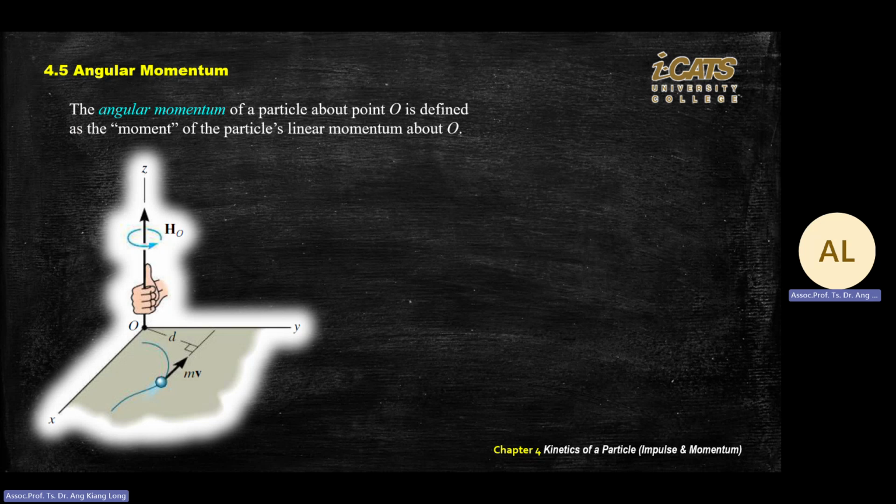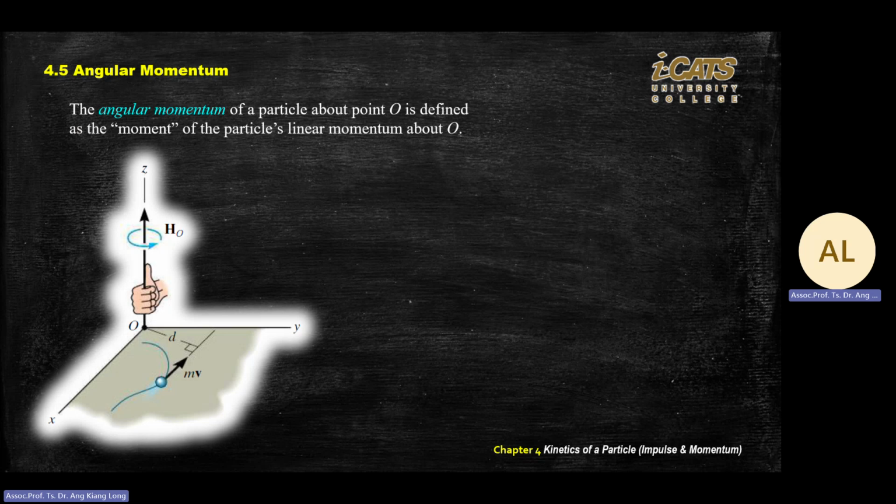Okay, so for the questions that you will see later, we always identify where is the direction of your velocity. You take the velocity tangent direction, or if linear, then you follow the linear direction, multiplied by the mass, you get momentum.